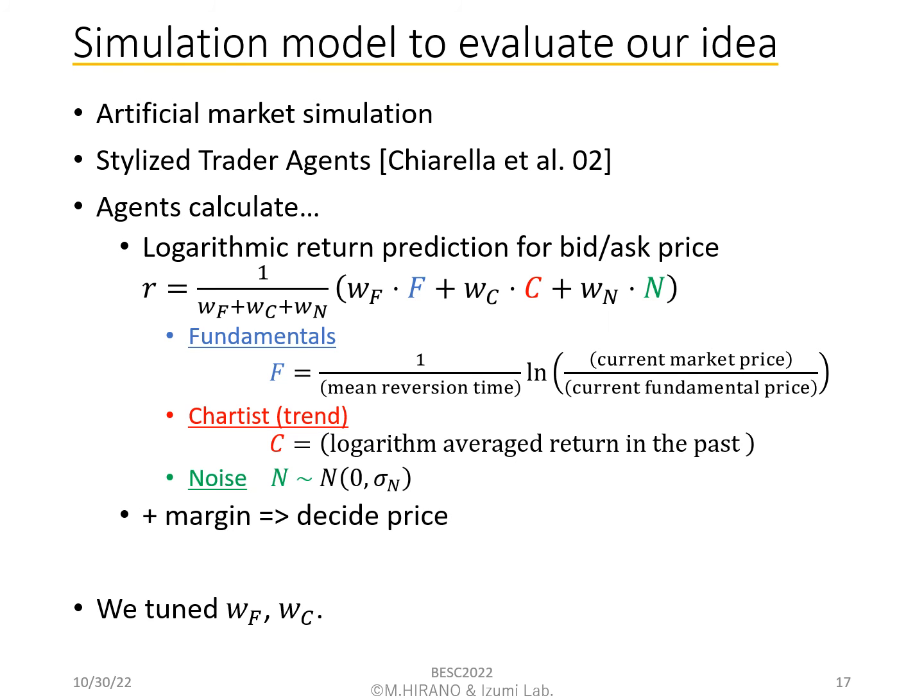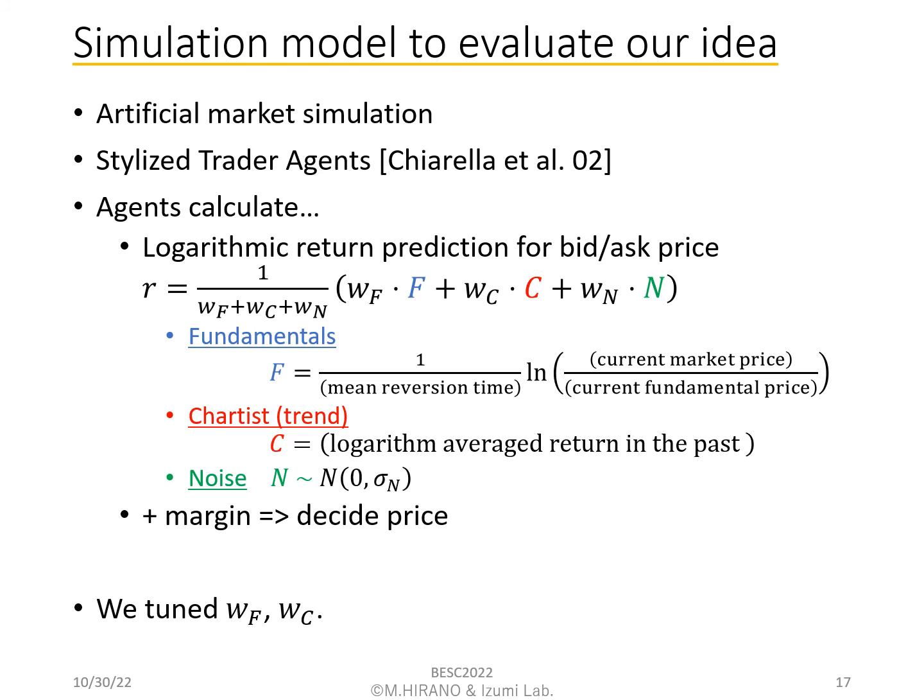To evaluate our proposed model, we made a simulation model and ran the experiment. As the target of our evaluation, we employed an artificial market simulation, and the simulation model is based on the agent proposed in previous work. In this simulation, agents calculate their bidding price based on three factors: fundamentals, chartists, and noise.